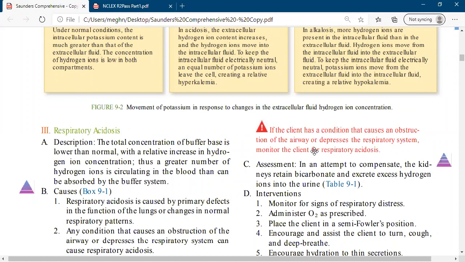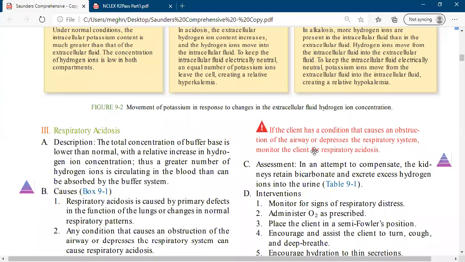If any disease causes breathing too fast, any medical condition related to the lungs with breathing too fast, this type of problem is called respiratory alkalosis. Another lung problem, breathing too slow, causes respiratory acidosis. That's me just making it easy first of all.